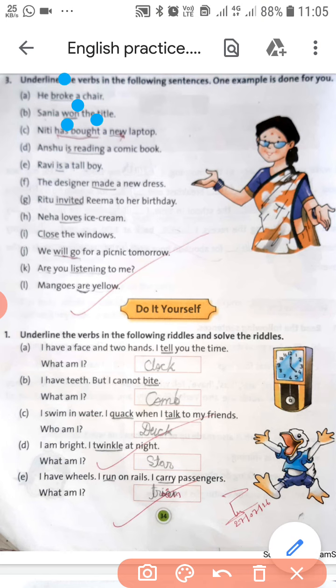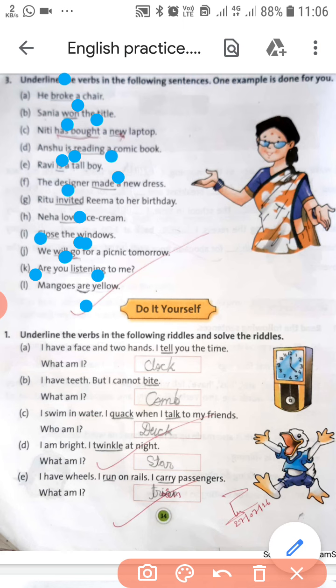Anshu is again one main and one helping. Ravi has no main verb, only a helping verb. Designer made. Ritu invited. Neha loves. Close the window. We will go: will and go both. Not for, it is go. Next, listening and are.